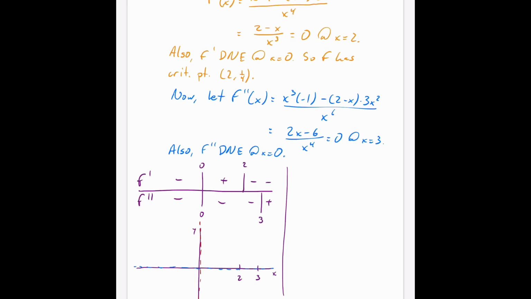Now, before we sketch our curve, maybe we should just note a couple of things about our curve first. F is increasing on 0 to 2 and decreasing on negative infinity to 0 union 2 to infinity. Now keep in mind, there is no local minimum right there at 0 because f does not exist at 0. So f has a local maximum. F of 2 equals 1/4.